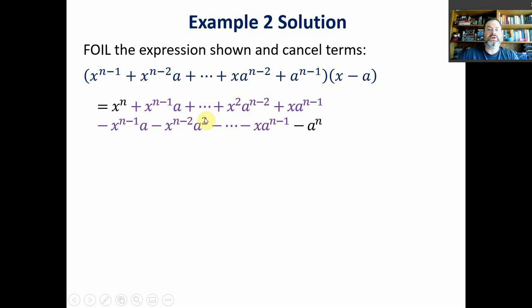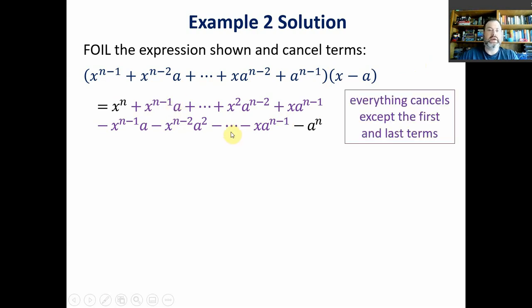And so all the terms in this sequence after you FOIL appear here. And it turns out that all the ones in purple cancel because they appear twice, once as a positive term and once as a negative term. When they cancel, you're left with x to the n minus a to the n. Pretty nice. So what that means is that this times this is that.